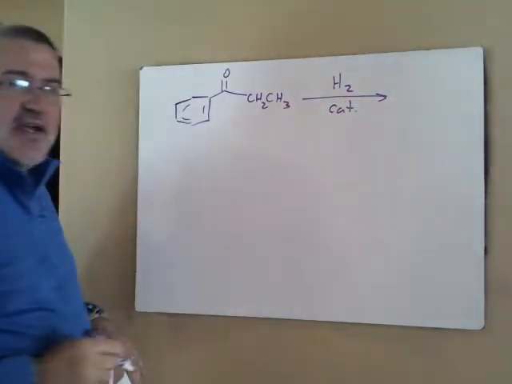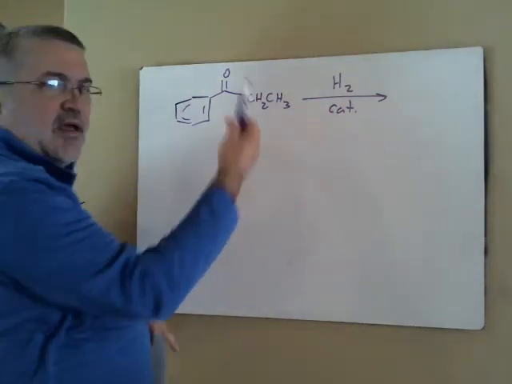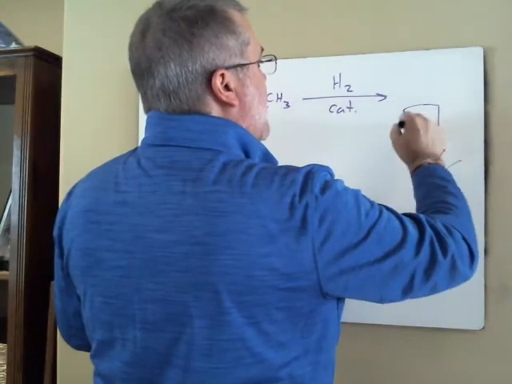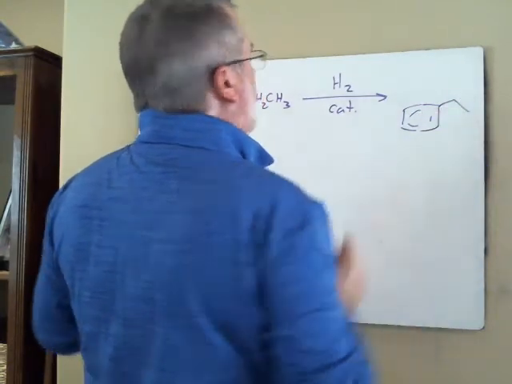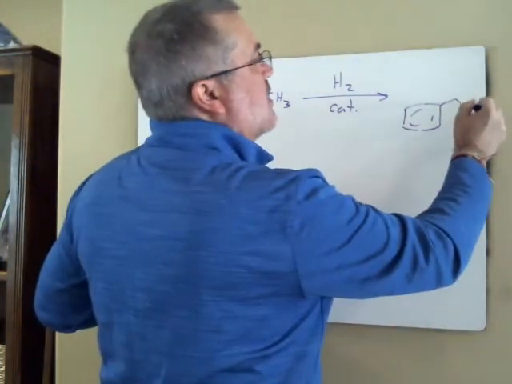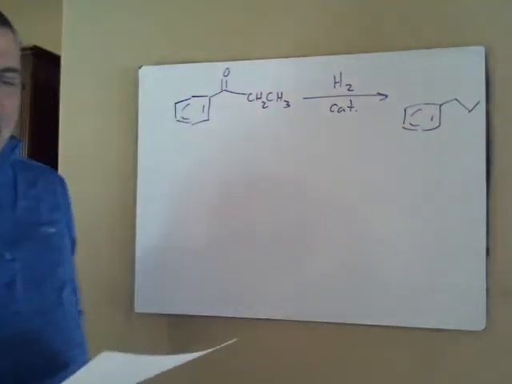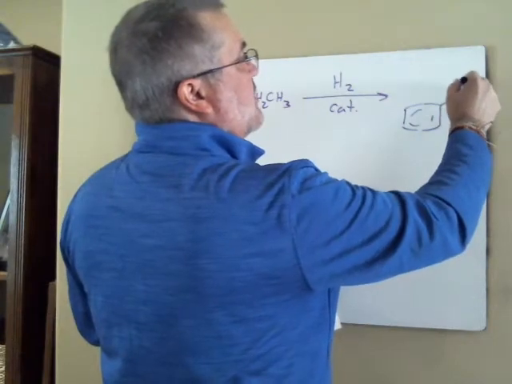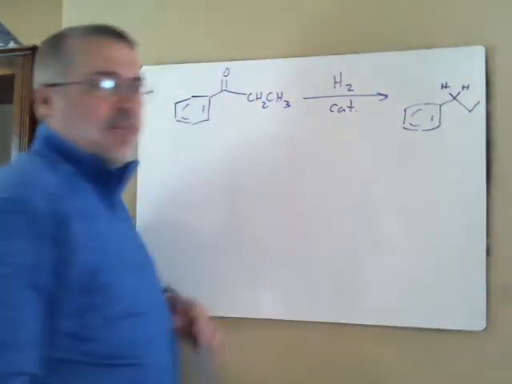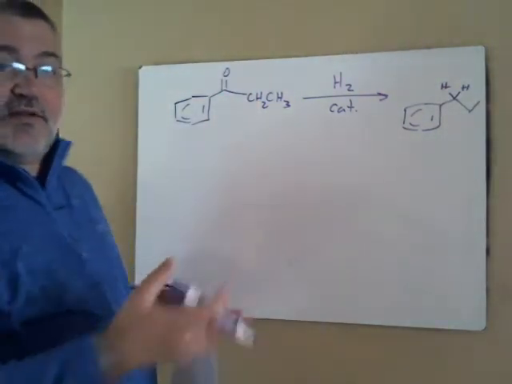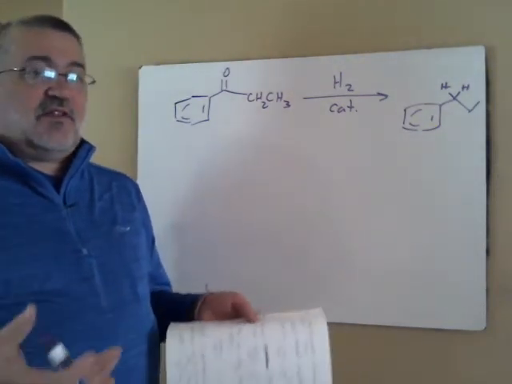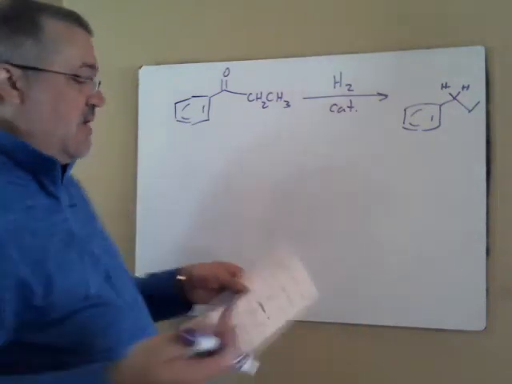So hydrogenation, you know, this could be palladium or platinum or whatever, and we're going to actually reduce to the alkyl substituent. So you're basically, in essence, again, putting the 2 H's there. That was one way to do it. It's just a neutral reaction. There's no acid or base. It's hydrogen gas, right, and the catalyst.